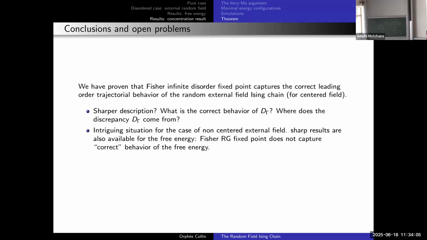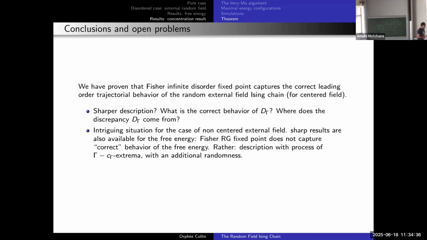And then there is also the case of the non-centered field, and there the claims made by Fisher are really not okay, because some results are available for the free energy, and the description given by Fisher does not capture correctly the behavior of the free energy. It captures the right order, but not the right constant.